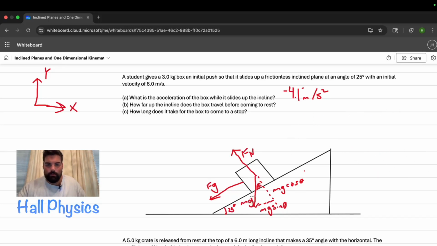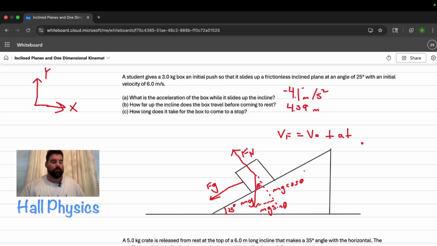I'm going to go ahead and rewrite 4.39 meters. That's how far we travel up the incline. How long does it take for the box to come to a stop? So now I want to use this kinematic formula right here. Final velocity is equal to initial plus our acceleration times time.